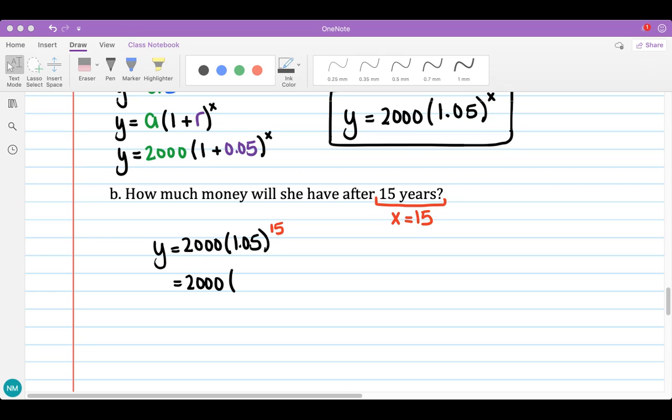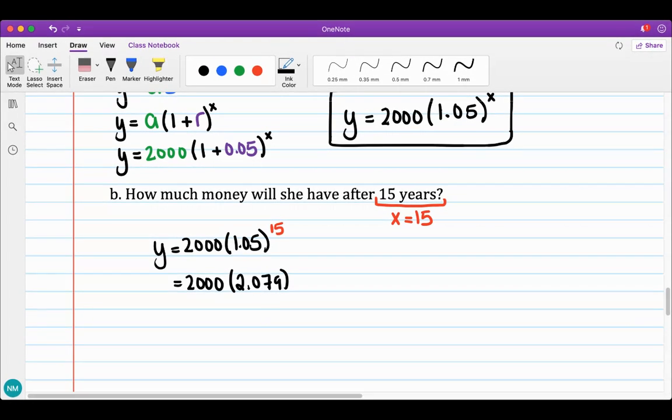So let's look at Desmos. So 1.05 to the 15th power is 2.079, and then you multiply that by 2,000.